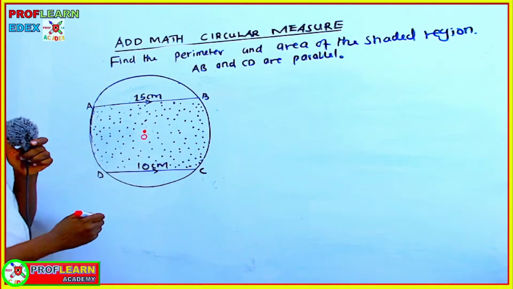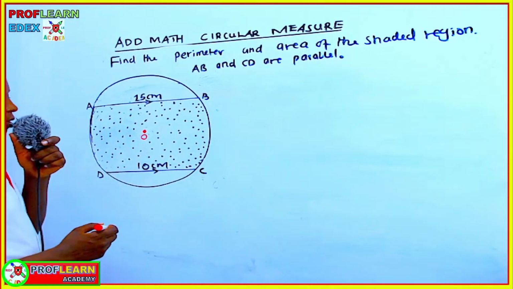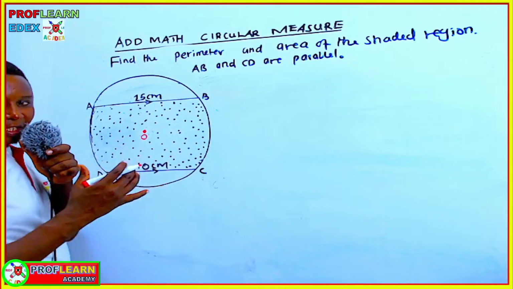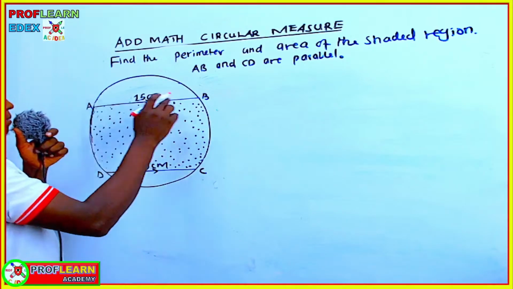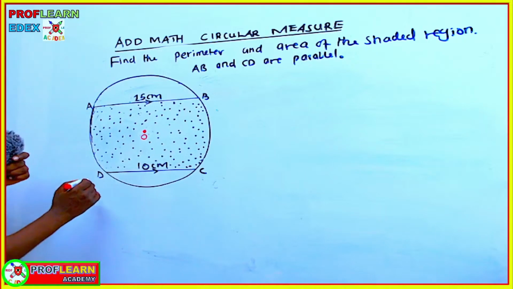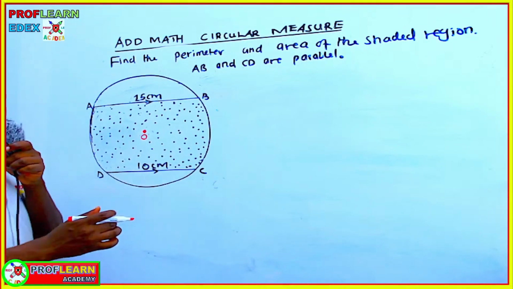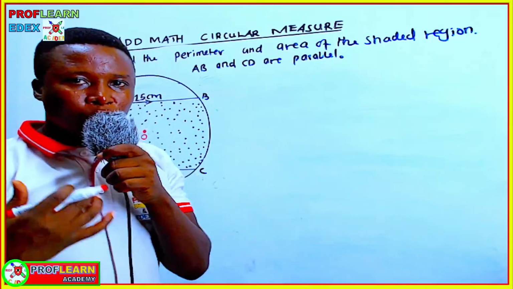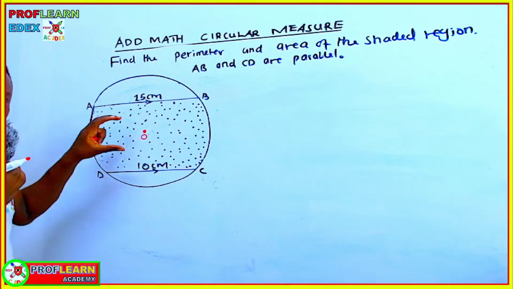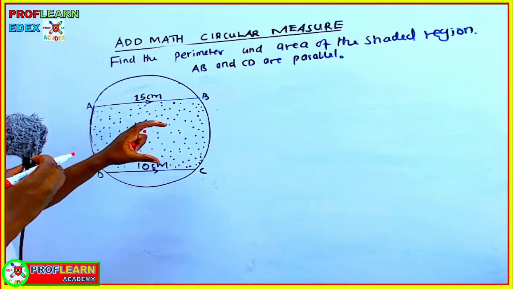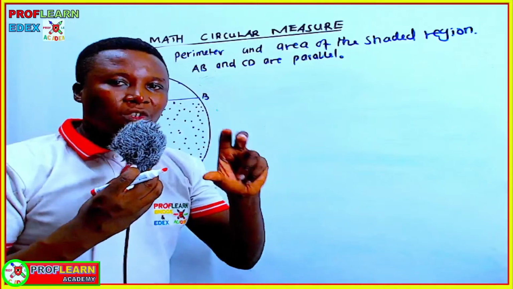So you can say this is a circle of center O, and the radius of this circle is 10 centimeters. AB is 15 centimeters. DC is 10 centimeters. So how are we going to work out the perimeter of the shaded region and the area of the shaded part?